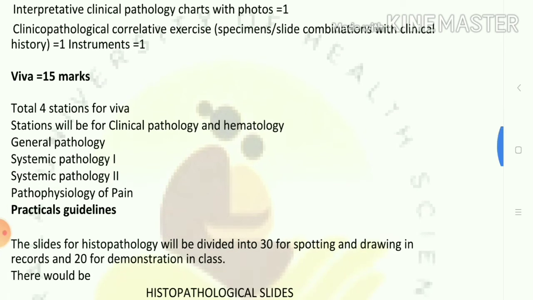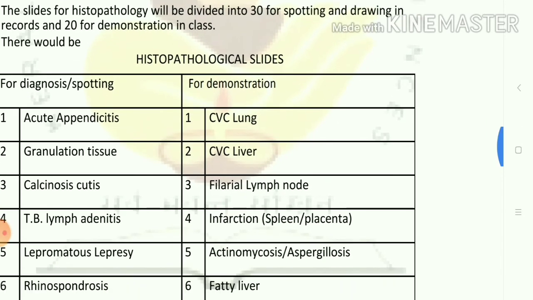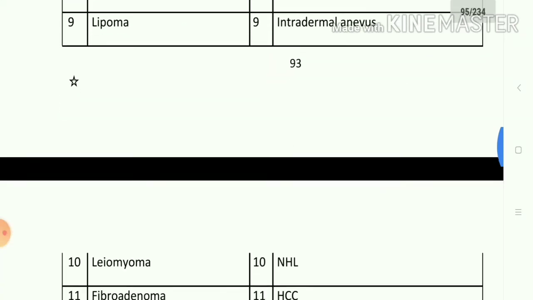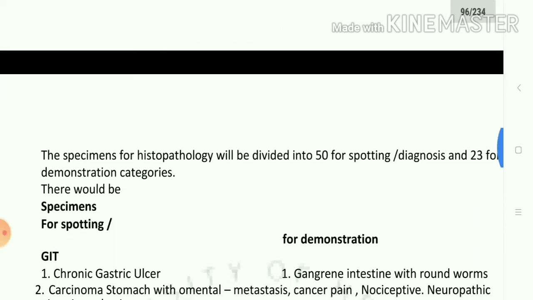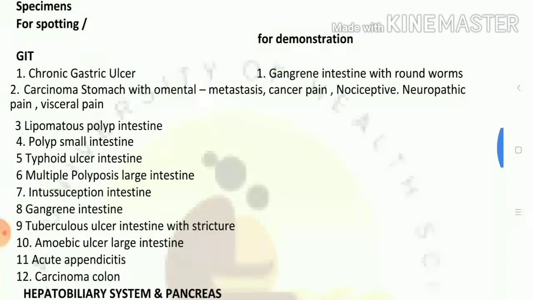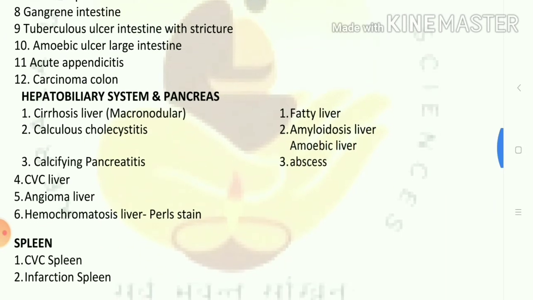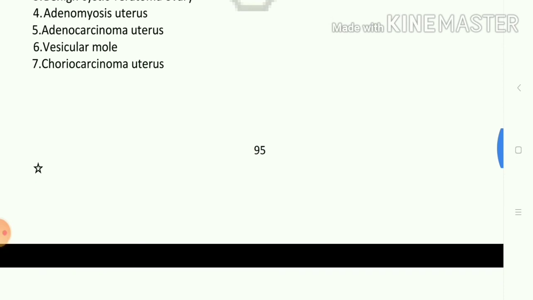Practical guidelines. What are the practical guidelines? These are the things that we have to draw in our practical record. There is no need to go through these, they are related to how to study, what are the things we have to study, that you can look.